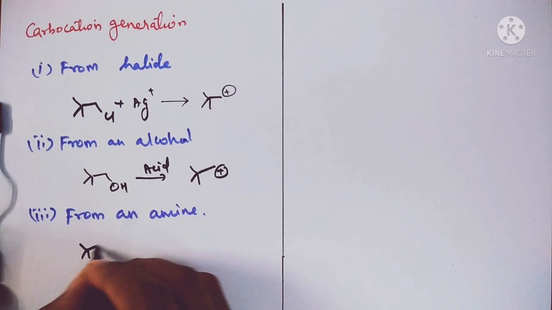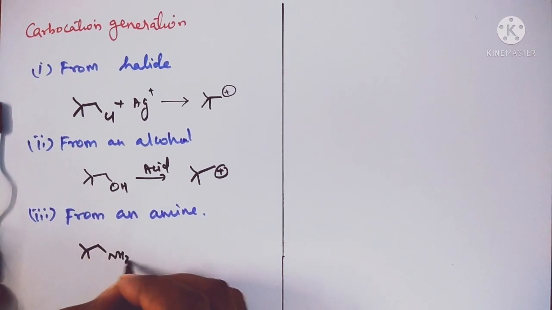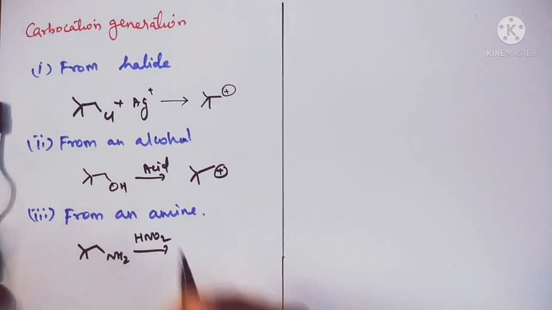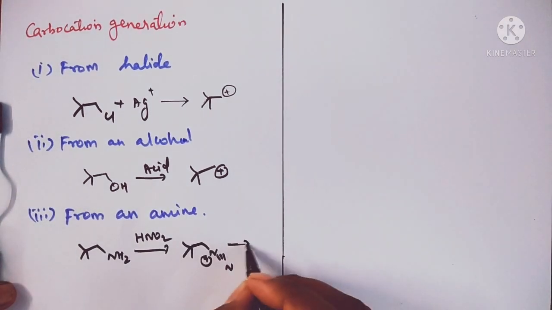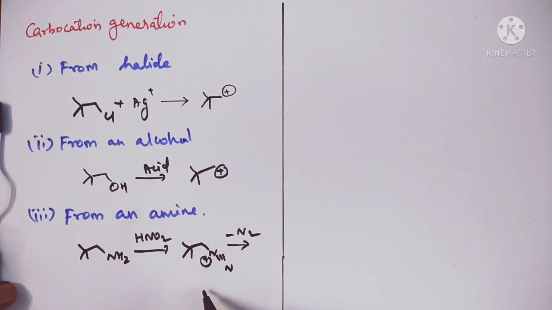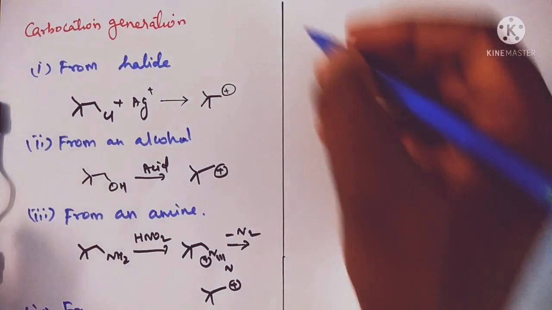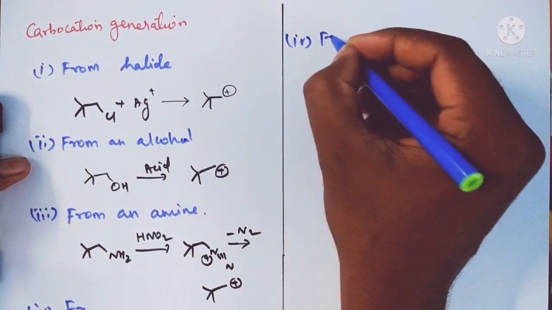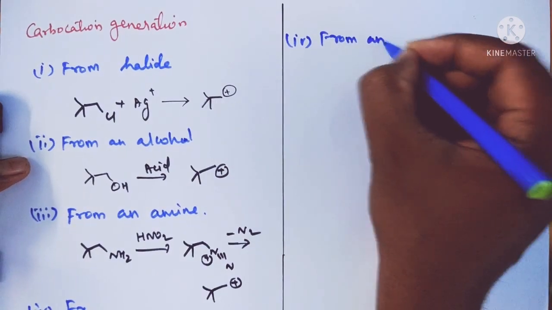If you take amine in the presence of nitrous acid, HNO2, you will get a primary carbocation. The fourth method is from an alkene.